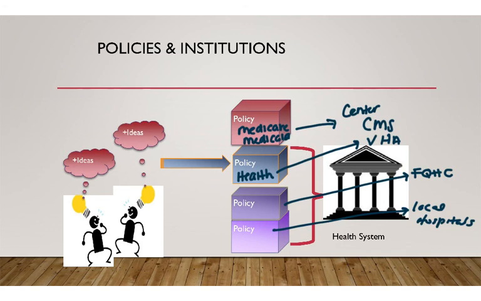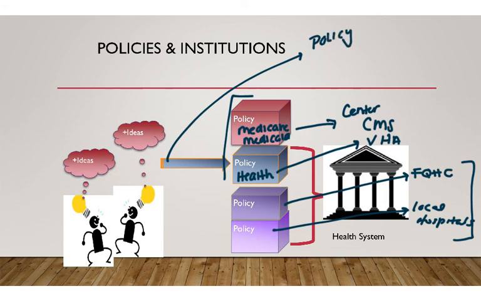Now, other countries may have gone about it differently. We know they went about things differently a little bit than the US, right? They may have had one policy decision that said, we are going to create a national health system, like in Britain, NHS. And then there were many policies that reformed NHS over the years and continue to reform it.